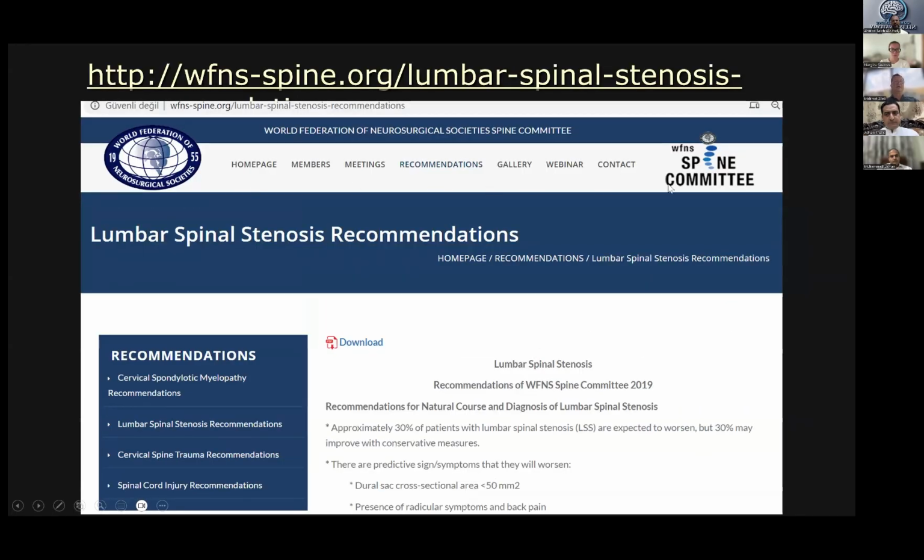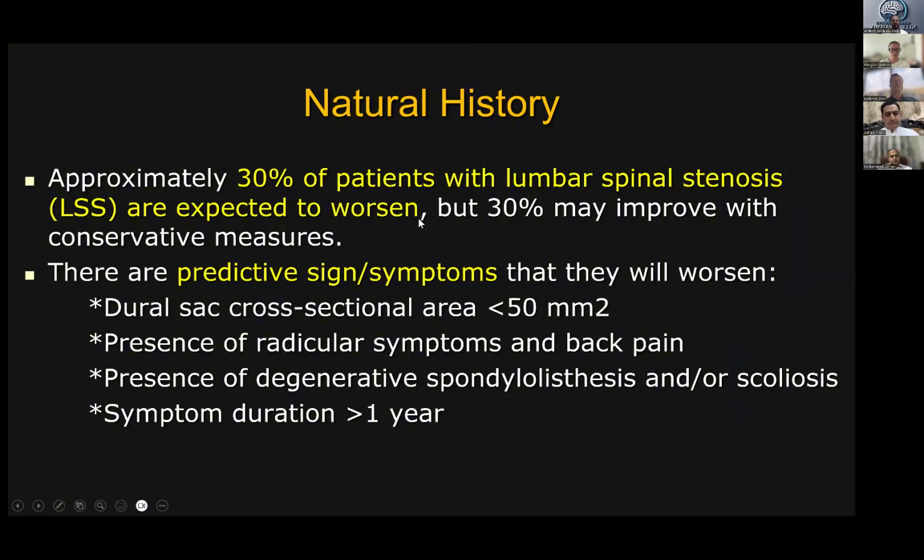If you look at the natural history of the disease, approximately 30% of patients are expected to worsen, 30% may improve with conservative measures, and the remaining 30% stay stable. They do not change their symptoms.